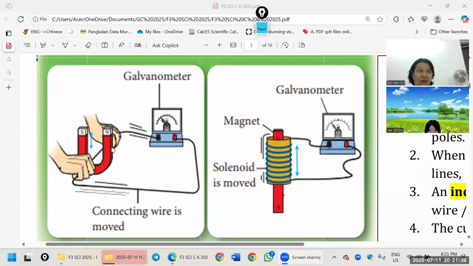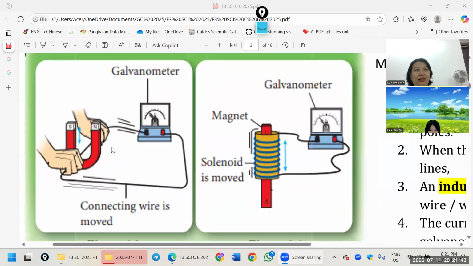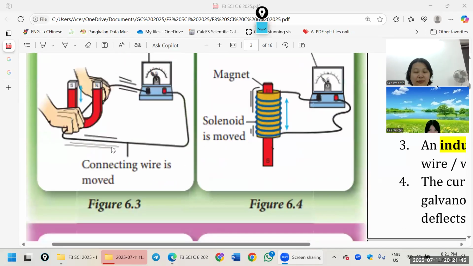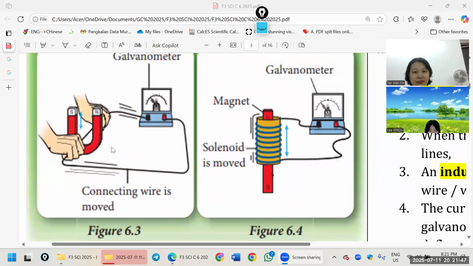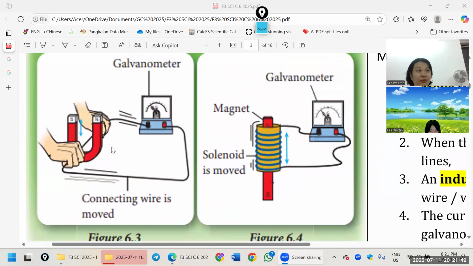Yes, cut the magnetic field lines. Forwards. The current is produced. So what current?